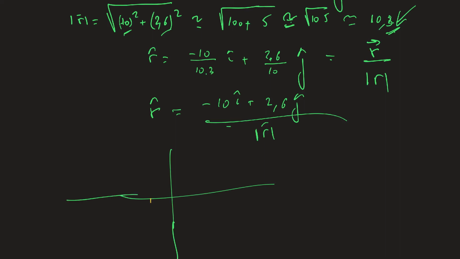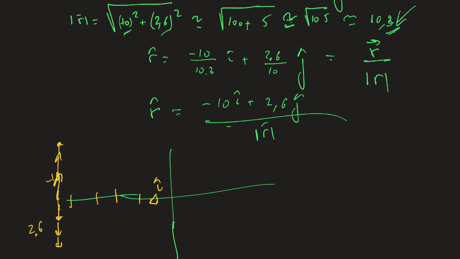Let's say minus 10 in the i direction. And then 2.6, positive, so we go up, 1, 2, and 2.6 in the j direction.